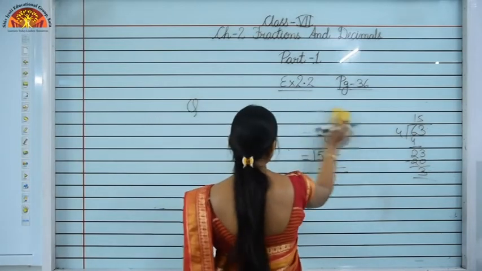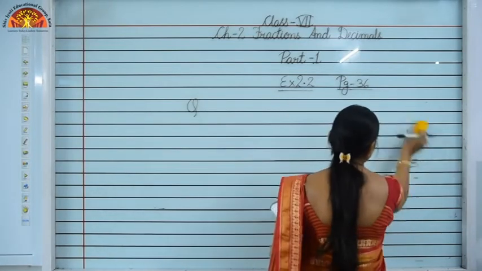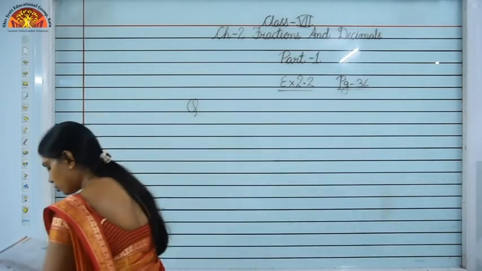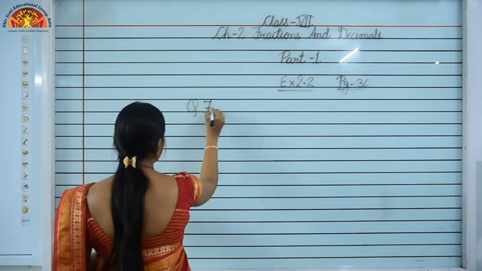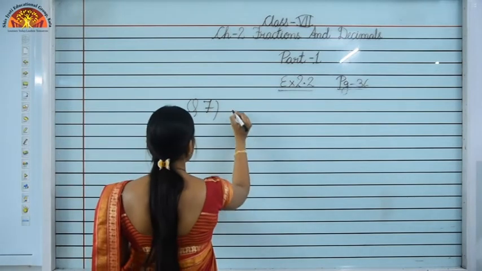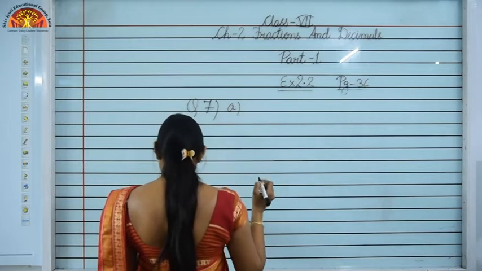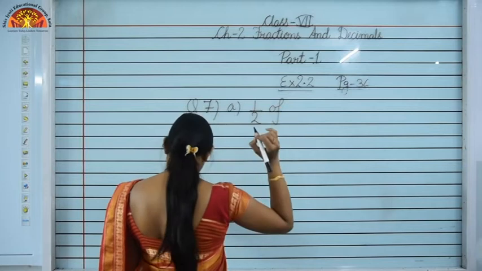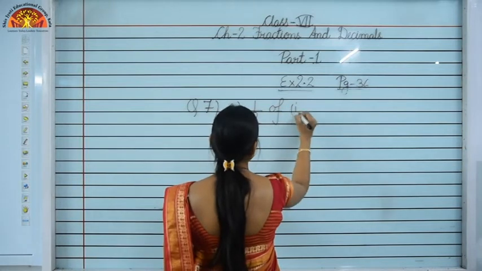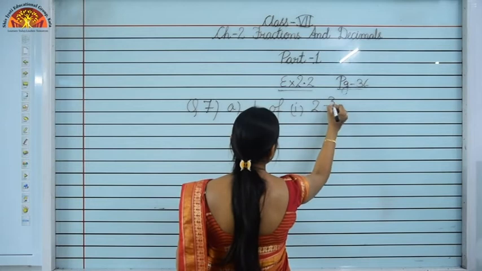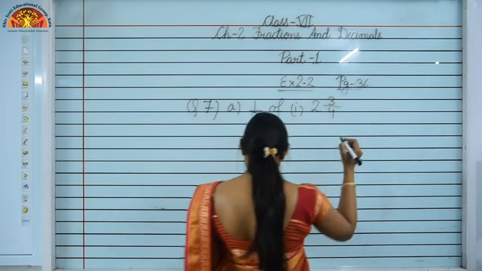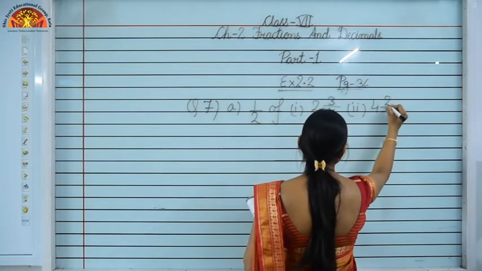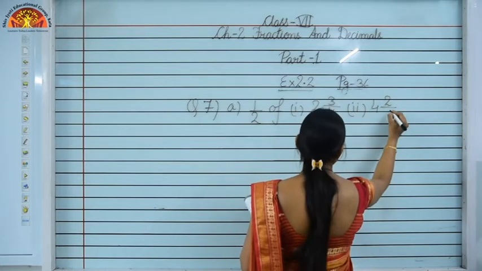So children, just go through the question. Question number 7, you have to find the value, okay? So question number 7, A part, that is you have to find 1 by 2 of, first is 2 3 upon 4 and second is 4 2 upon 9, okay?